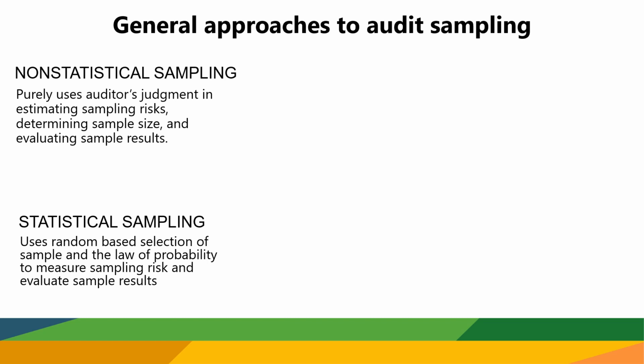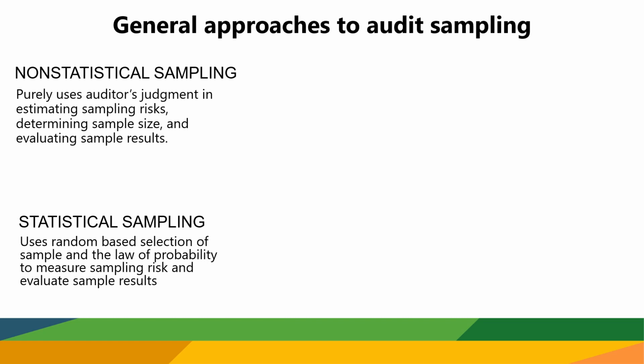So if you computed a sample size based on certain parameters such as your confidence interval, your confidence level, or the acceptable risk level, then you have most likely been performing statistical sampling. However, in the case of non-statistical sampling, it's purely auditor's judgment. Auditor says test 20 invoices, test 50 invoices. Unlike statistical sampling, wherein there has to be a measurement or a quantification of the risk.